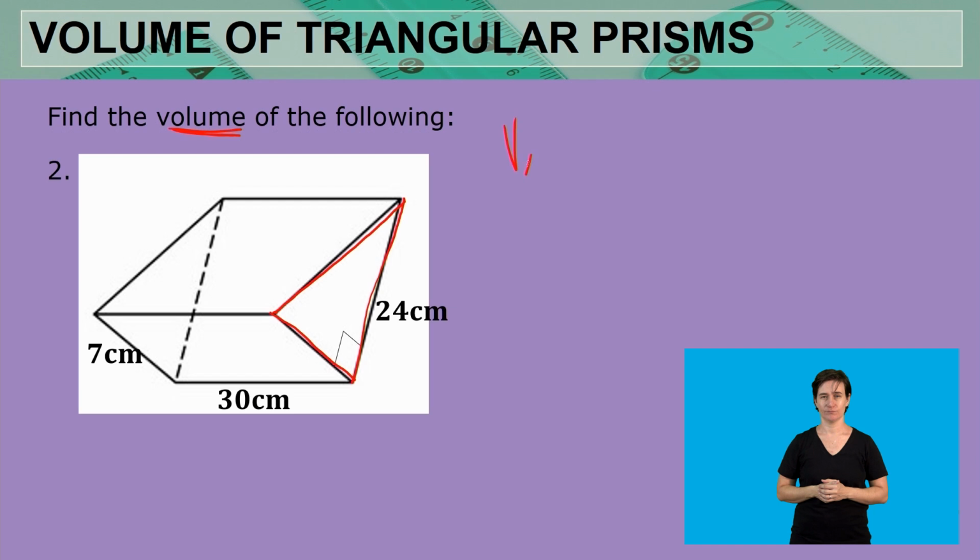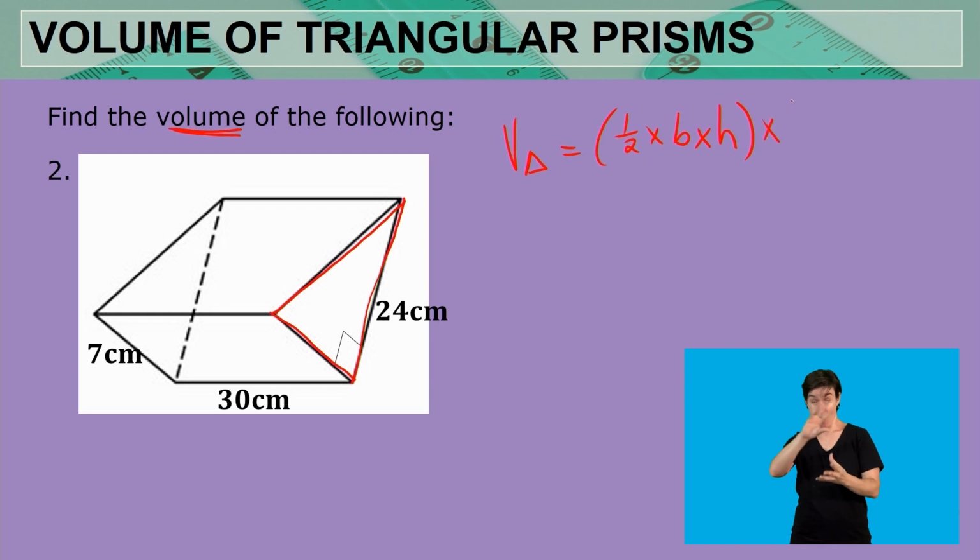So remember, the volume of this triangular prism is 1/2 multiplied by the base multiplied by the height. And we're going to multiply that by the height of the prism. And the height of the prism in this case is the 30 centimeters there. So let's calculate the volume of this triangular prism.